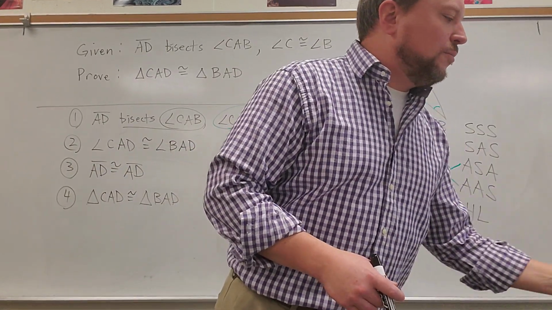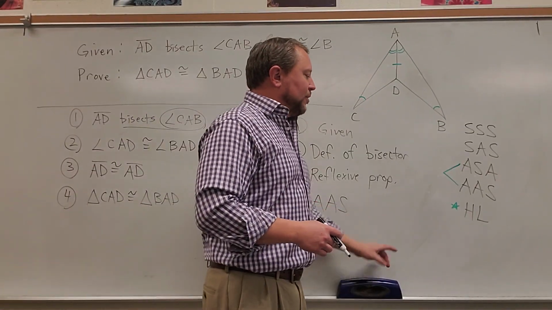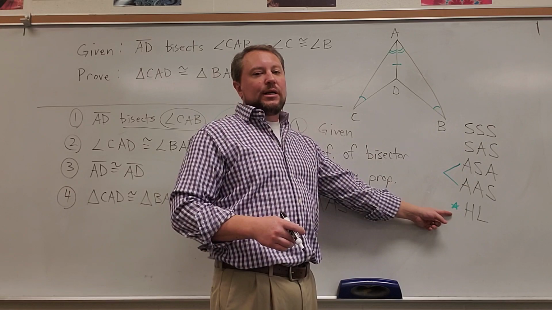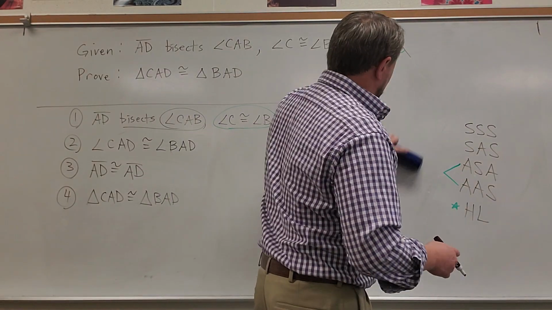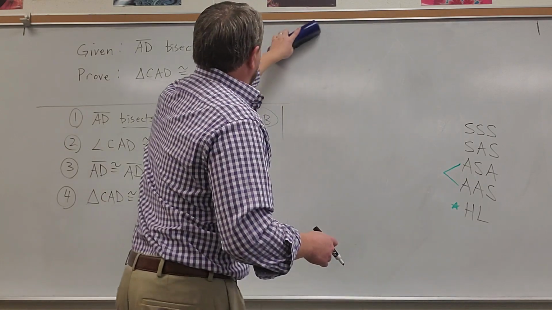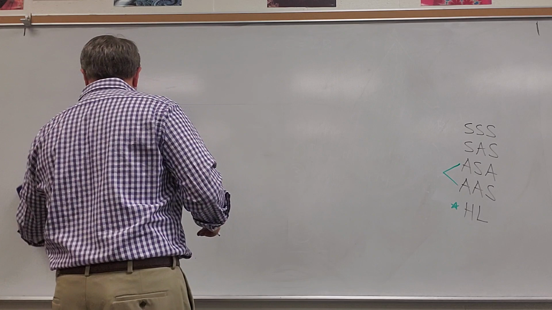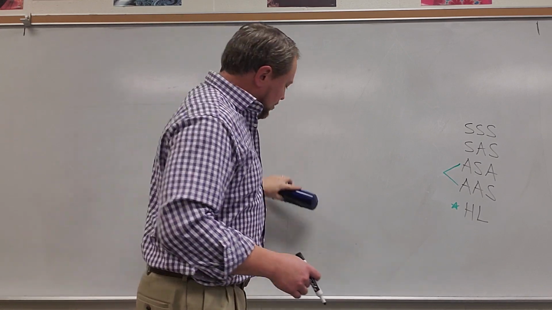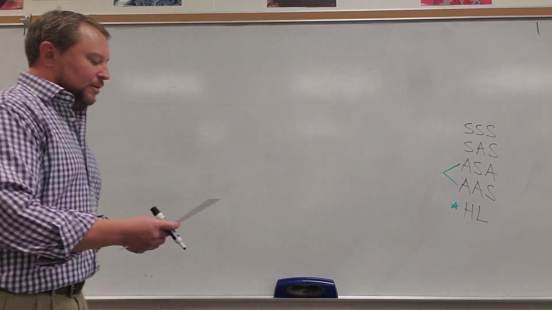Okay, I want to try one more. And I want to use one that involves our other shortcut that I haven't used yet in a proof, HL. So let's try one of those. Now, I kind of gave away already that it's going to use that new shortcut. Okay, but normally they're not going to give you that hint, you know.